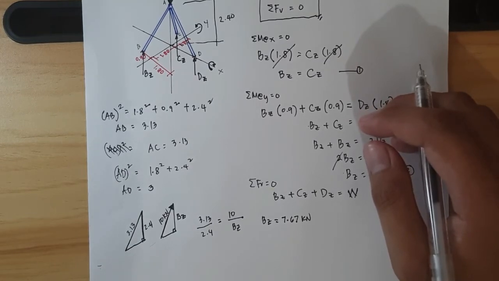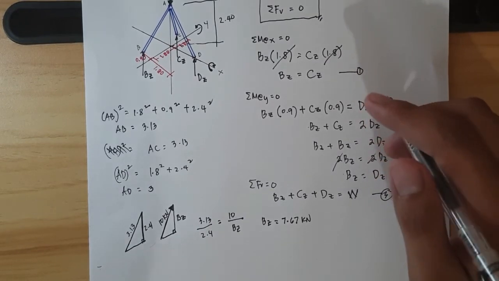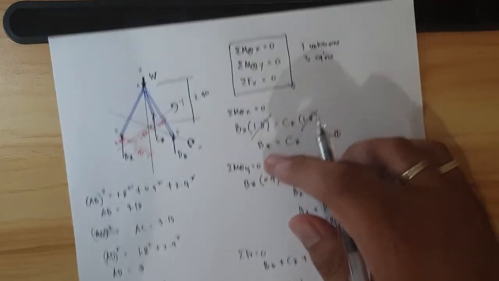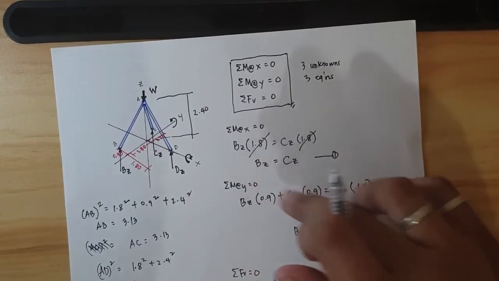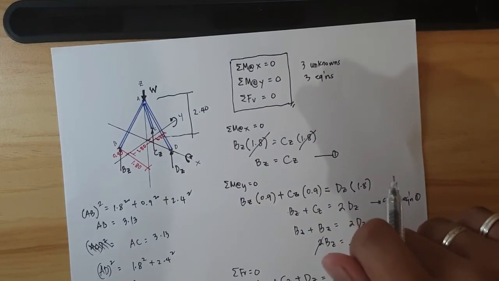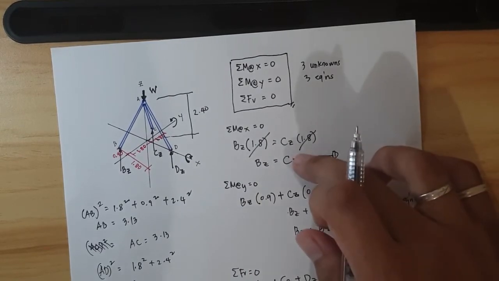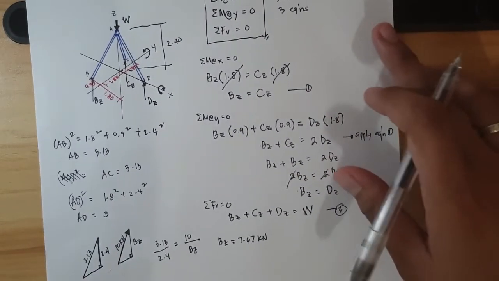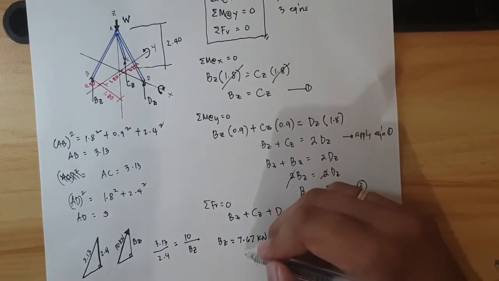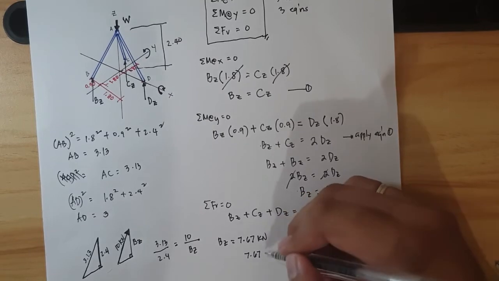Okay? Then, BZ is equal to CZ. And BZ is equal to DZ. Therefore, DZ is equal to CZ. So all three are equal, 7.67 each.